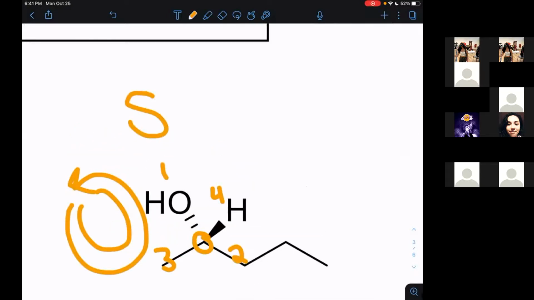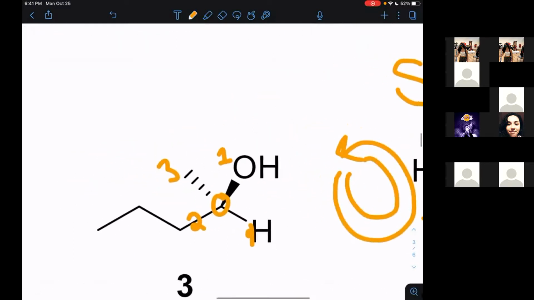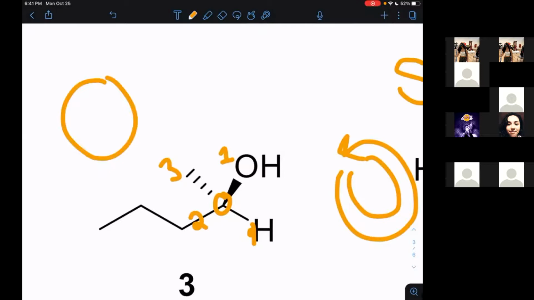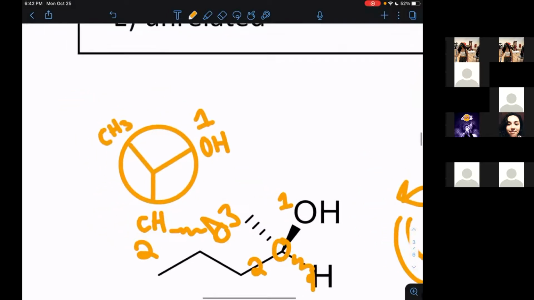That's S. And then this one, I always do the projection of it. So this one is in the back, and this one is straight down. If I'm looking at it from this side, then the OH is on this side, and the CH3 is on this side.